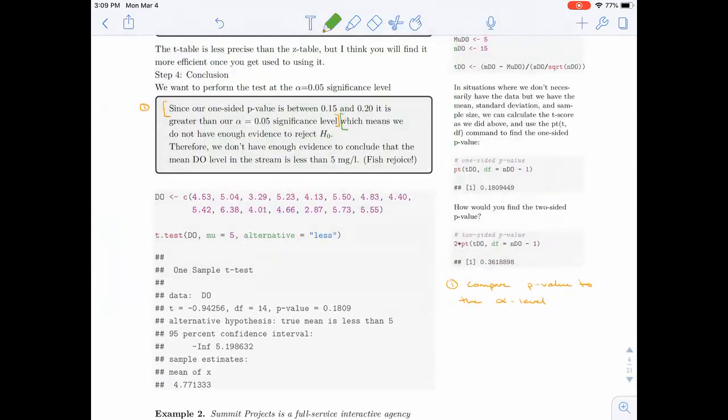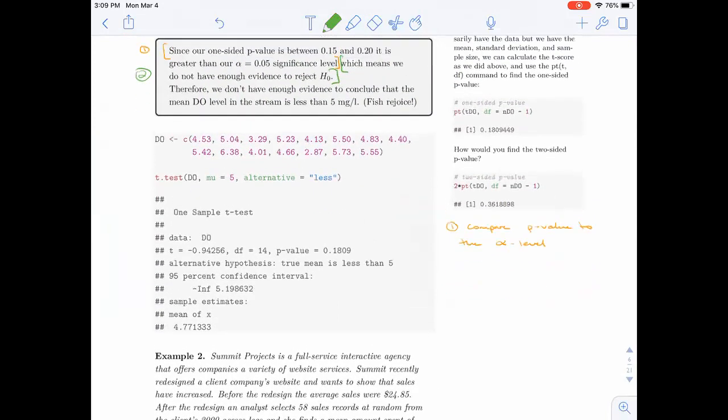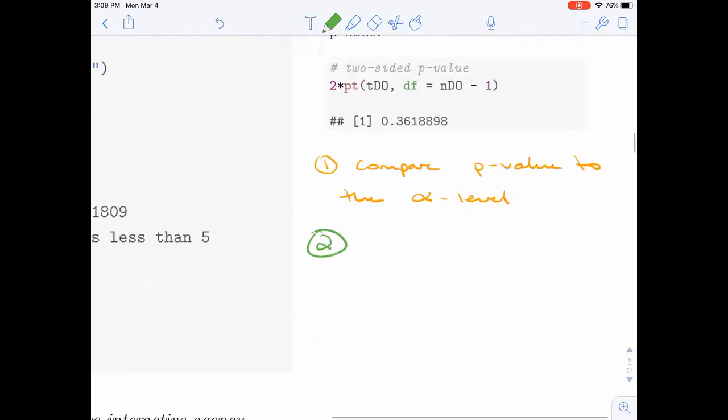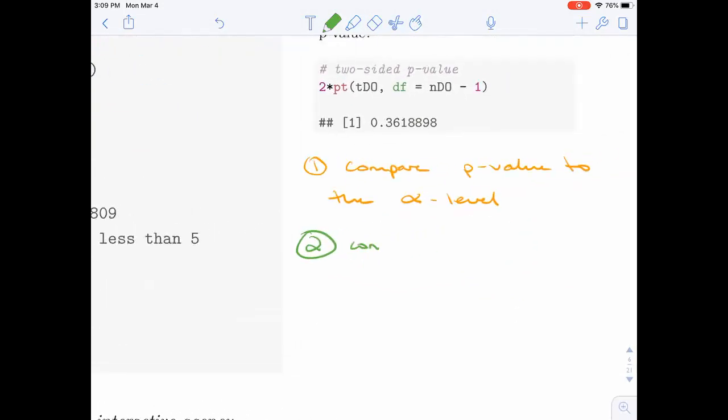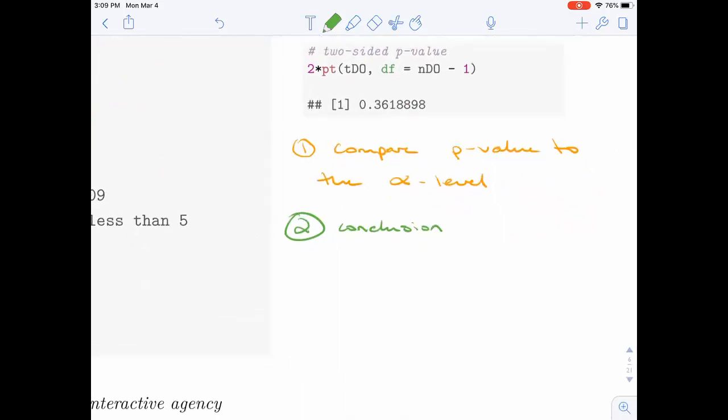Next part, part 2. Part 2 is your conclusion in terms of H naught, right? What does that mean in terms of your null hypothesis? Conclusion in terms of H naught.